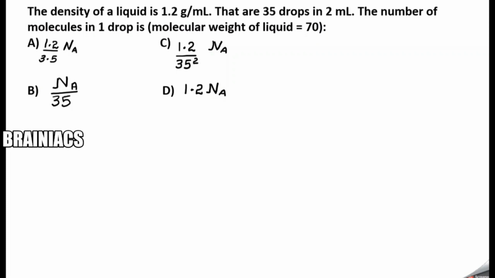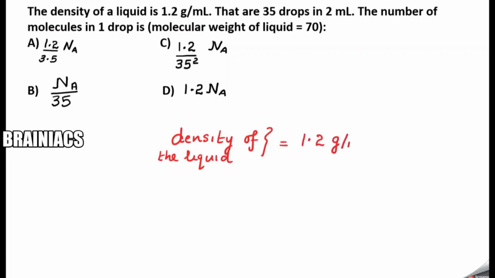So density of the liquid is given. That means there is a liquid. So I can say the density of the liquid is equal to 1.2 gram per ml. Now what they have given: there are 35 drops in 2 ml.